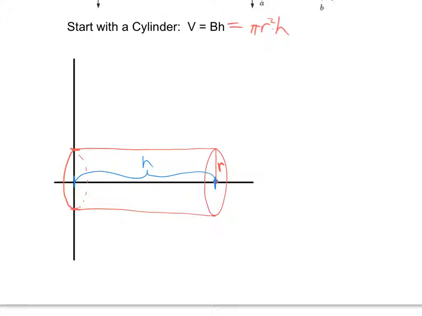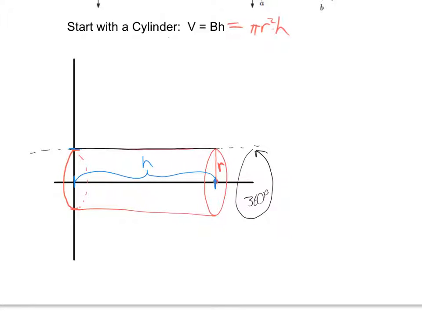Now, let's think of this in terms of a function. Let's say just this line, r, or y equals r, and we are going to revolve this around the x-axis 360 degrees.